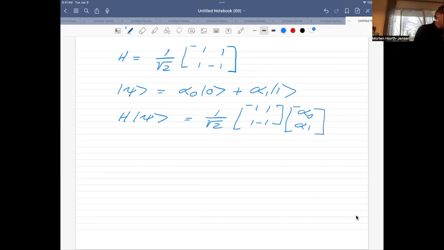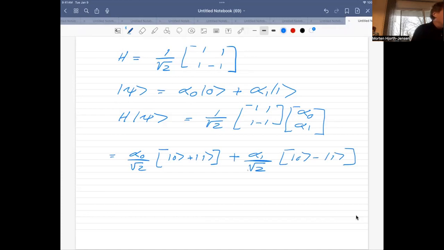When we write it out, we get alpha 0 divided by square root of 2 times 0 plus 1, and then plus alpha 1 divided by square root of 2 times 0 minus 1.